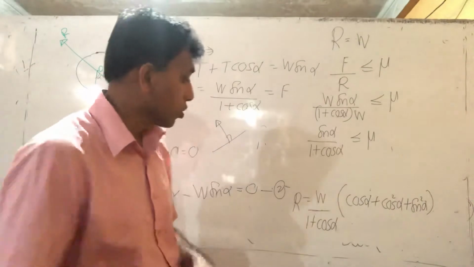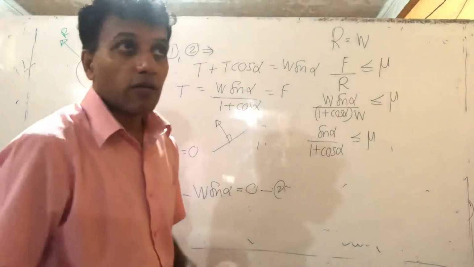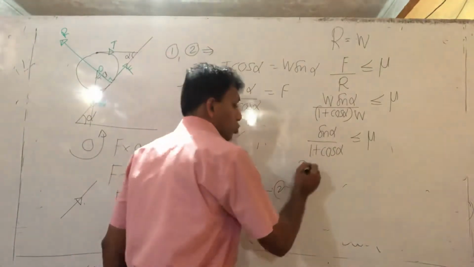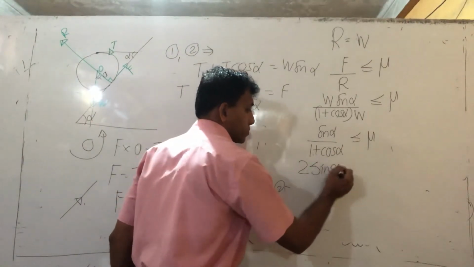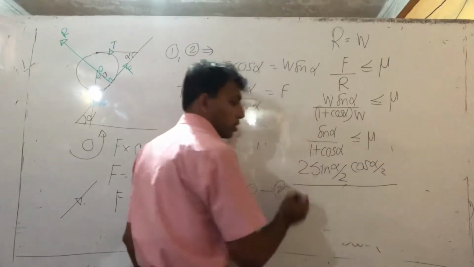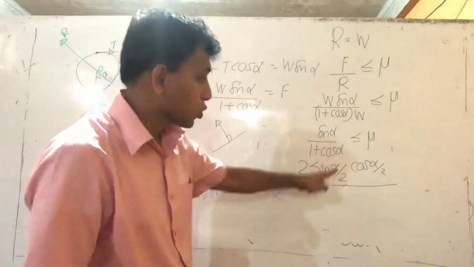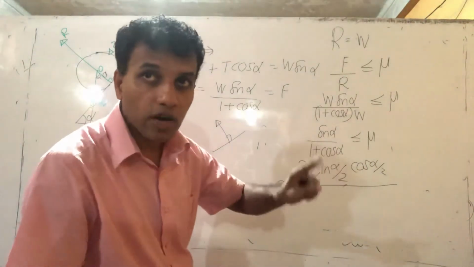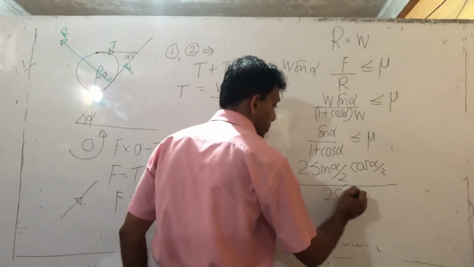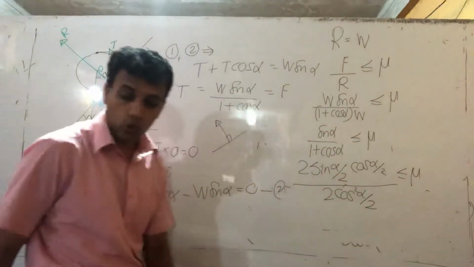Therefore no sin, no cos. So use your trigonometric identities, your double angle formula. What is sin 2 theta? 2 sin theta cos theta. Therefore write that: 2 sin alpha by 2 into cos alpha by 2, over what is cos 2 theta? 2 cos square theta minus 1. So cos alpha is 2 cos square alpha by 2 minus 1. So 1 cancels: 2 cos square alpha by 2 less than or equal to mu, right?